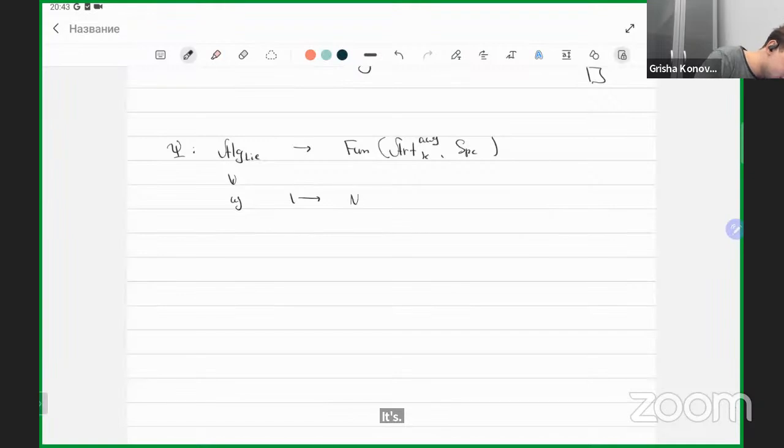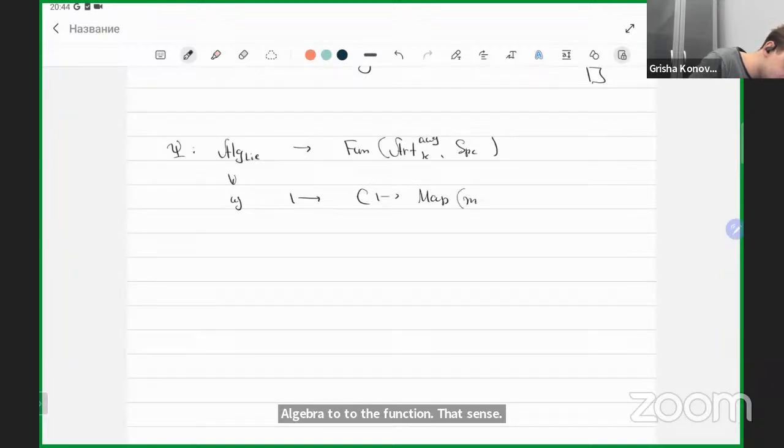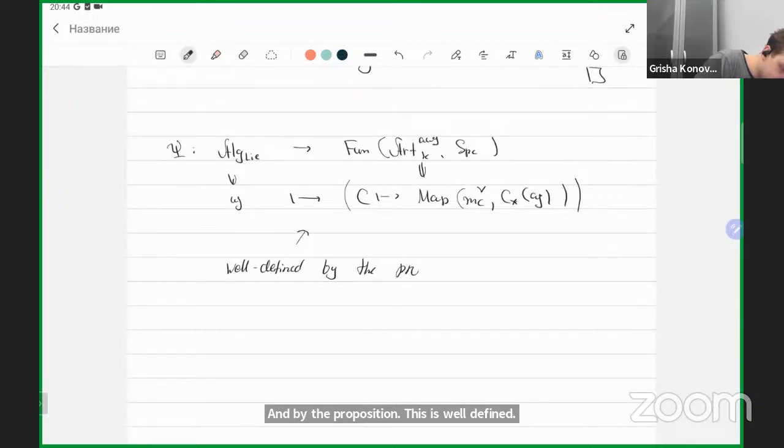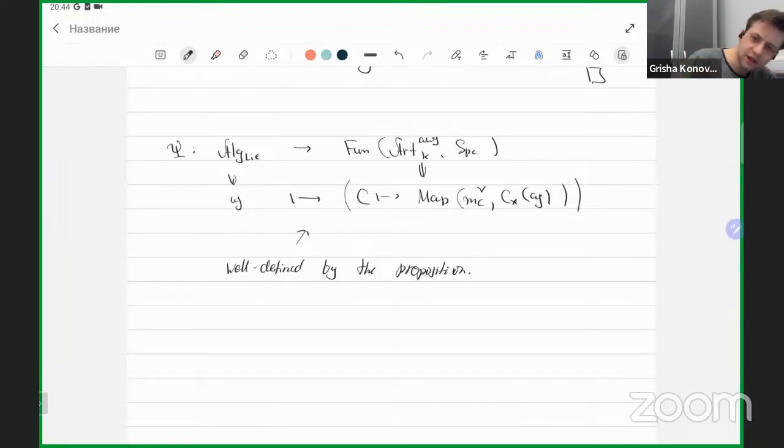By definition, it sends the Lie algebra G to the functor that sends an algebra to the mapping space from its dual coalgebra to the Chevalley-Eilenberg coalgebra of G. And by the proposition, this is well defined. So that's the functor psi.